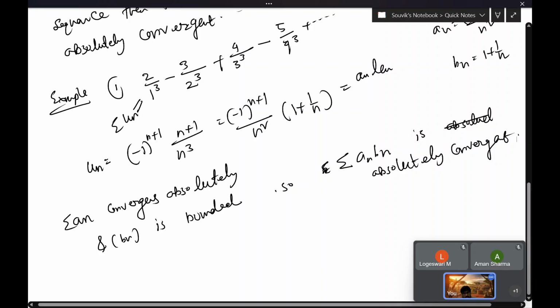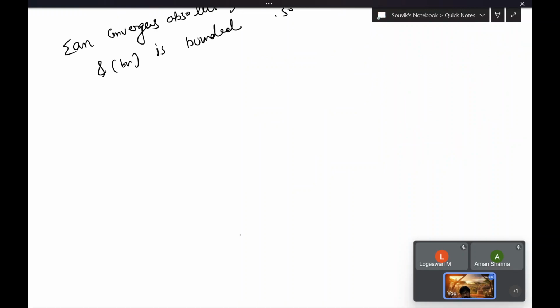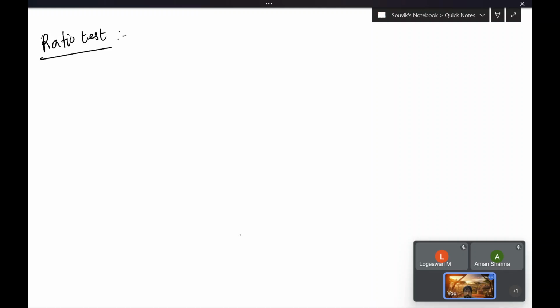Now there is some similar thing, the ratio test. First, let me state this test, then we'll see some examples of it.